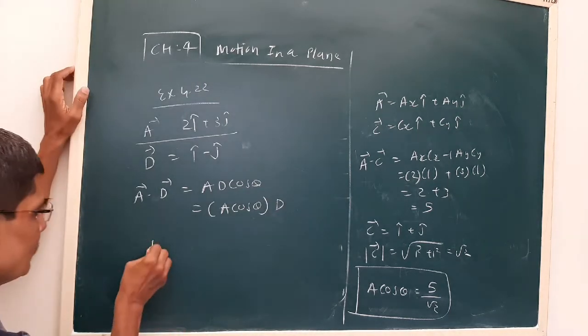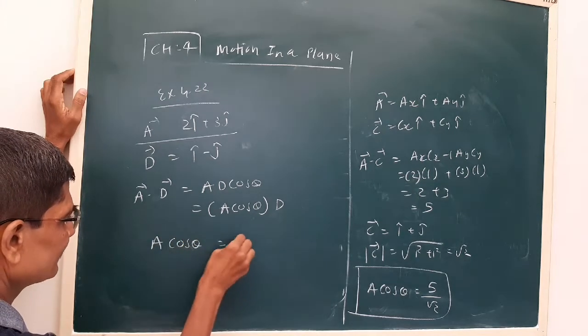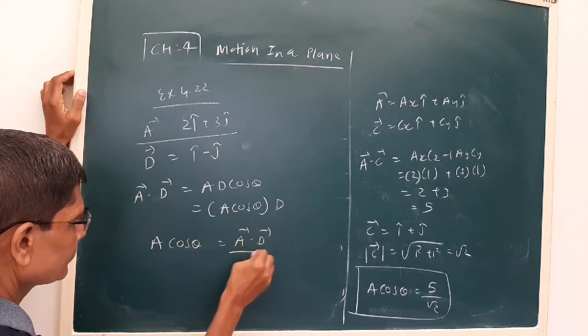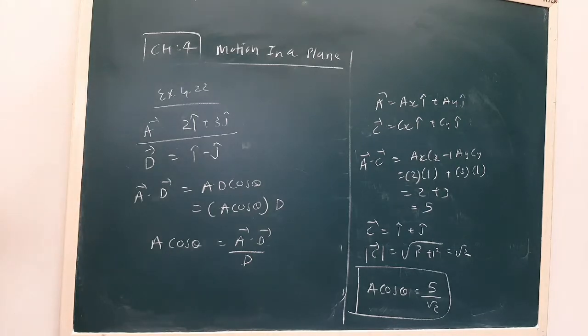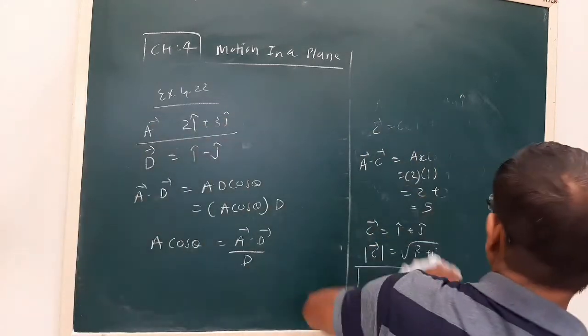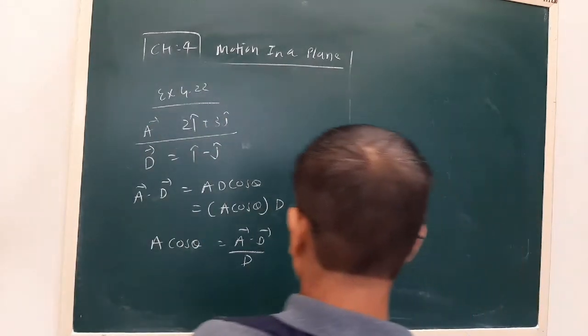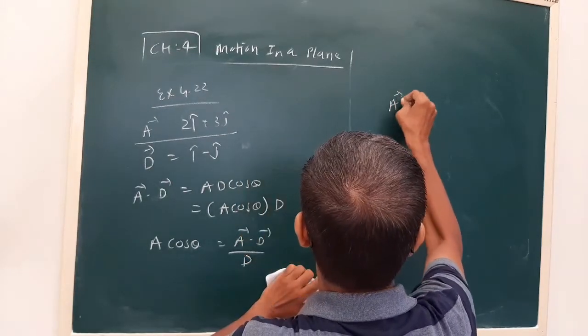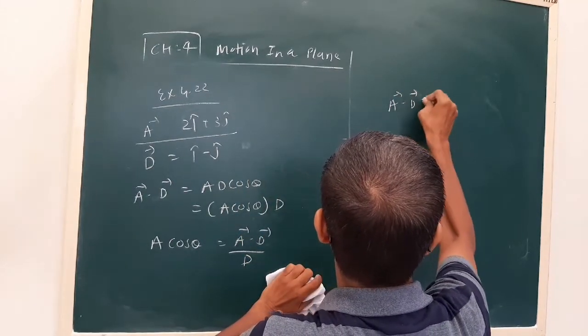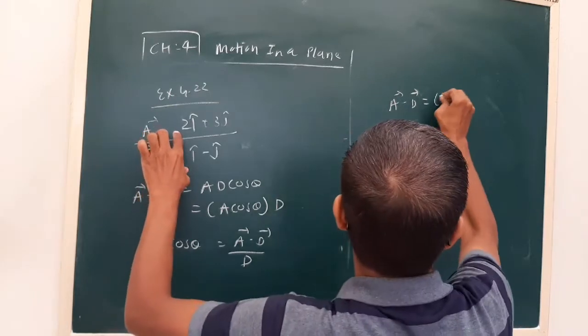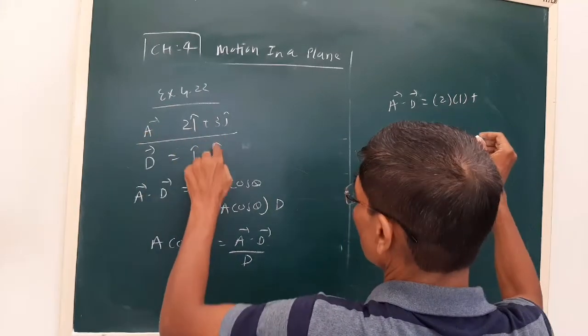Now we have to find out A cos theta again, that is A dot D upon A. By the same reasoning, 2 into 1 plus 3 into minus 1.